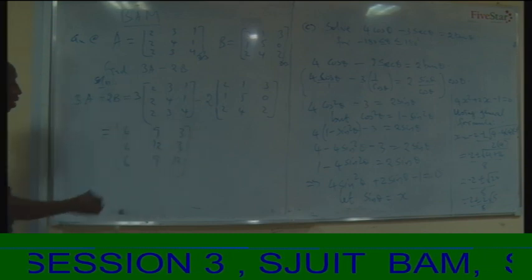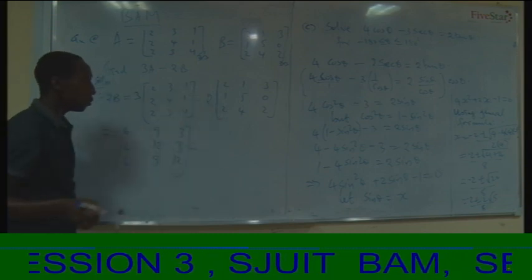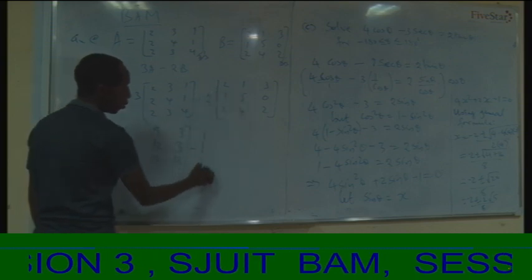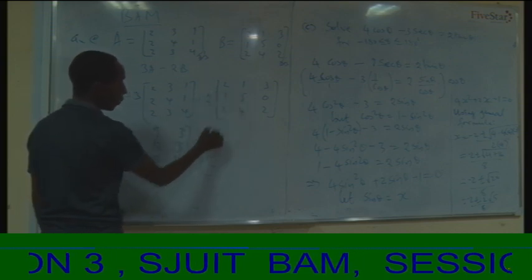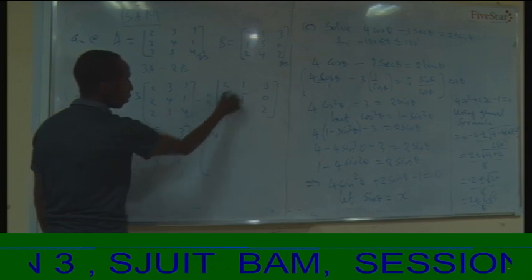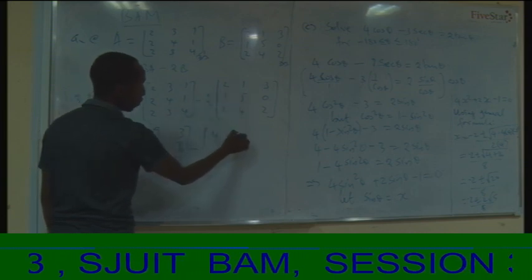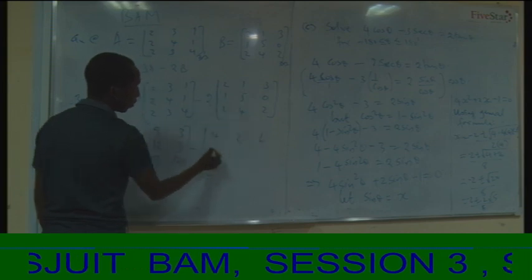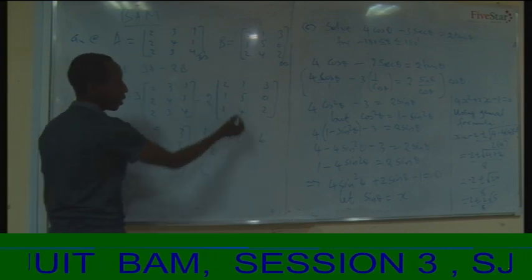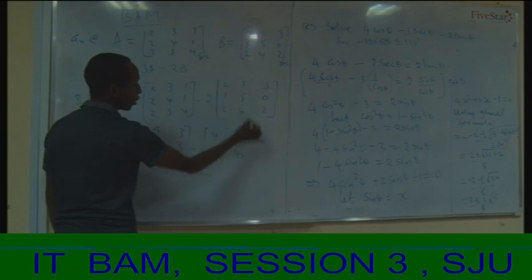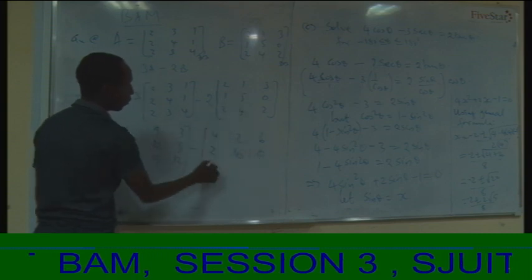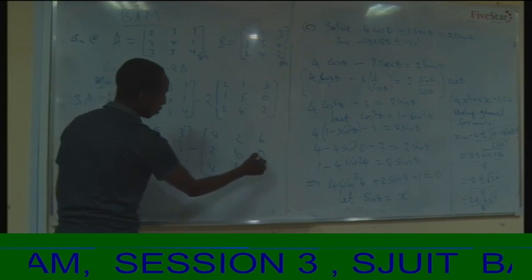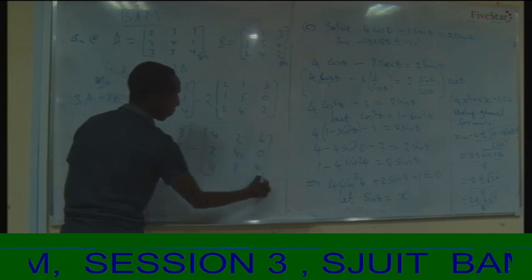This is called a scalar multiple of a matrix. We do the same for the second matrix, where each entry is multiplied by 2. So 2 times 2 is 4, 2 times 1 is 2, 2 times 3 is 6, 2 times 1 is 2, 2 times 5 is 10, 2 times 0 is 0, 2 times 2 is 4, 2 times 4 is 8, and 2 times 2 gives us 4.